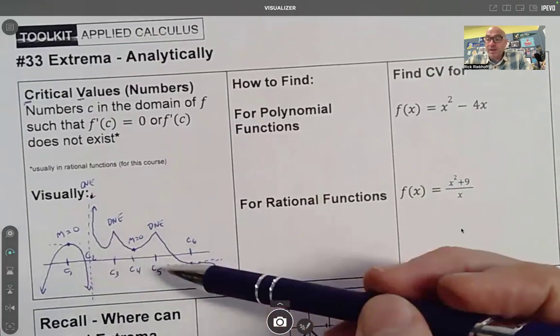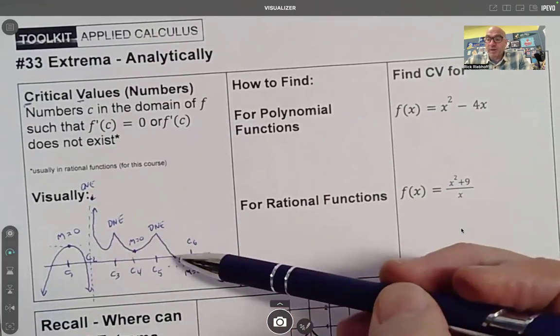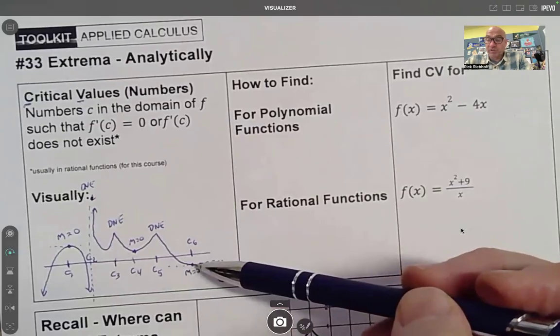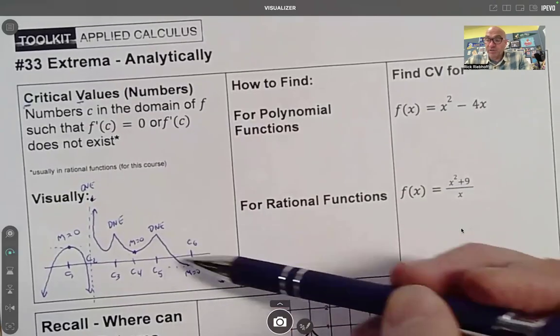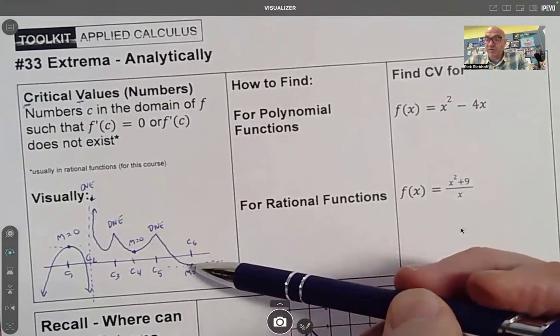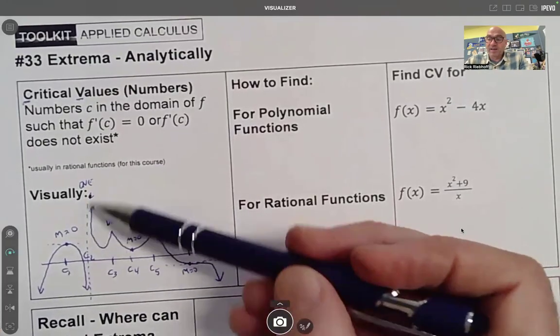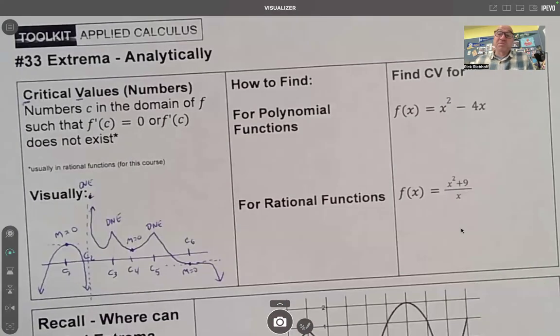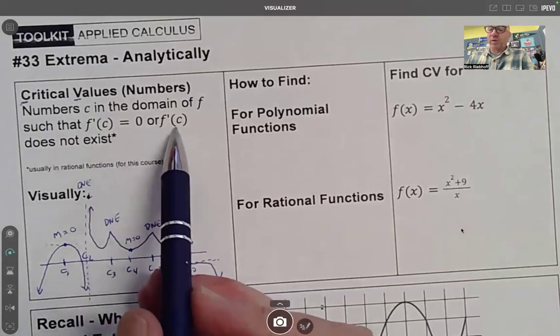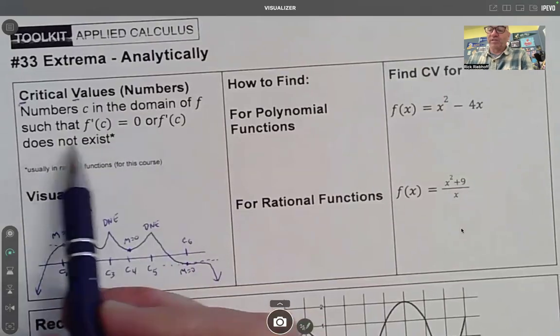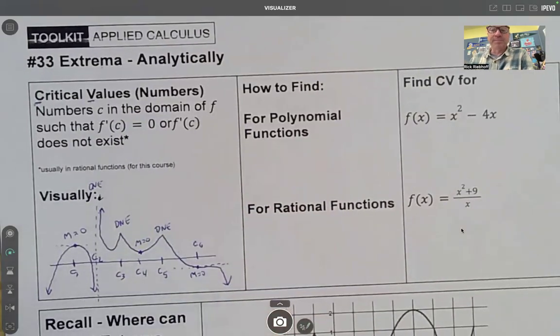A minimum, a maximum, a place where slope goes to zero but doesn't change. It's a negative slope, then zero slope, then a negative slope. We have a corner and a cusp and a vertical asymptote. So all sorts of different types of places where either the slope equals zero or it does not exist. So all of those can happen, right?